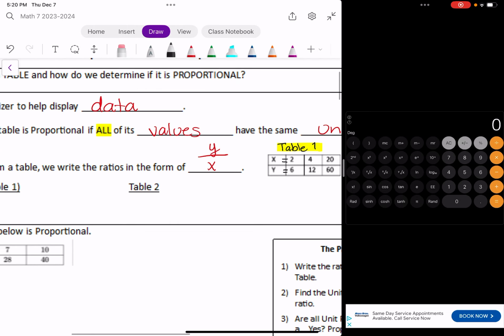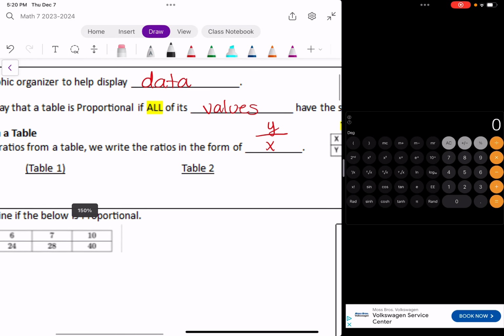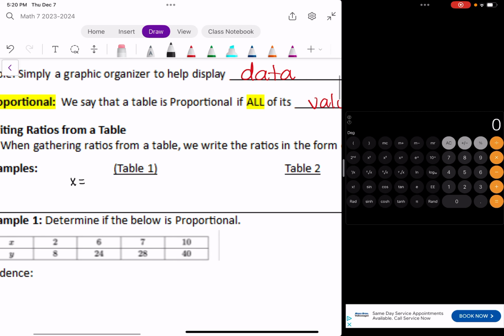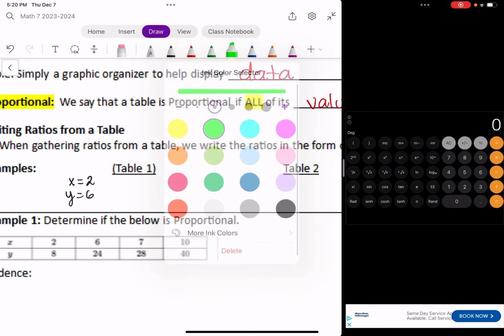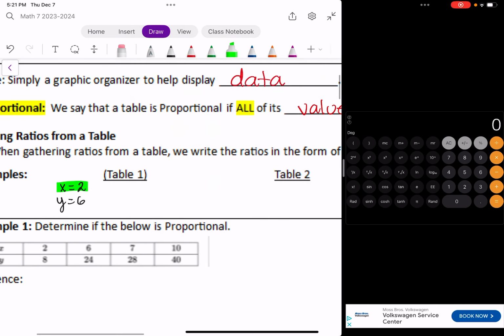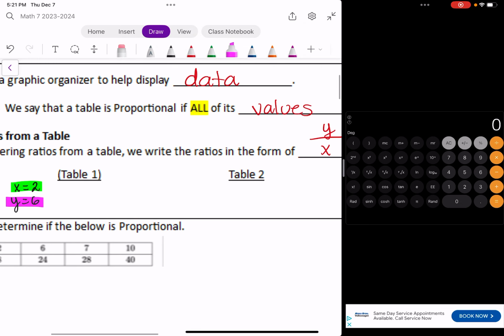So let's look at table number 1 and start making our ratios. Our first x is 2, and our first y is 6. We color code them: y is in pink, and x is in green.